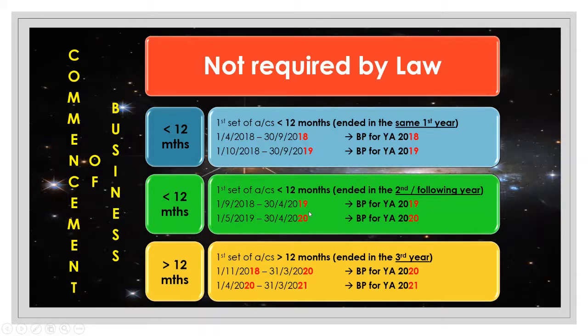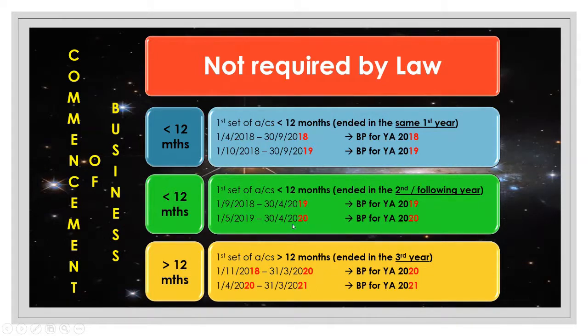And then the second set of account would be a complete 12 months, which starts from 1st May until 30th April 2020. Therefore, your basis period would be YA 2020. For YA 2020 will be this particular set of account.